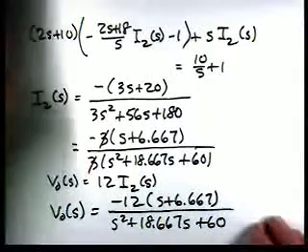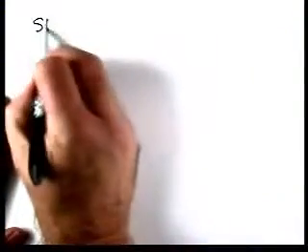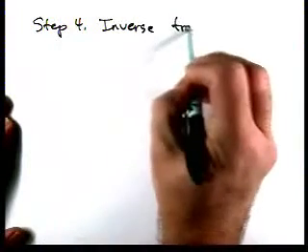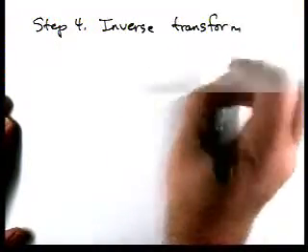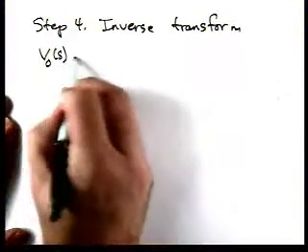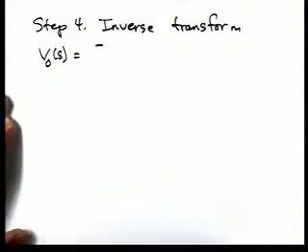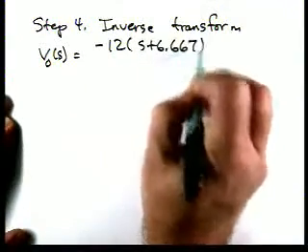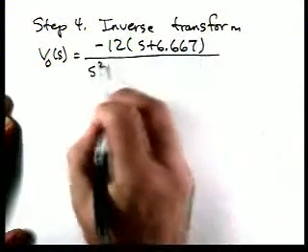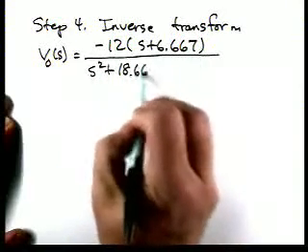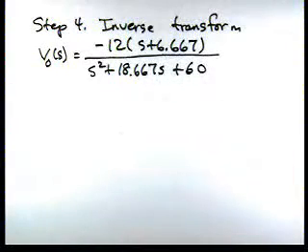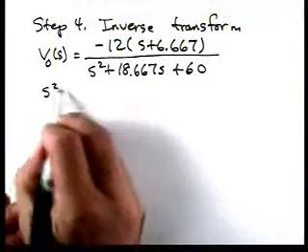So now there's our ratio of polynomials in S that we need to conclude step 3 of our problem solving strategy. Now for step 4, we're going to perform the inverse transform. And we have V0 is minus 12 times S plus 6.667 over S squared plus 18.667S plus 60. Now we need to find the roots of our denominator.